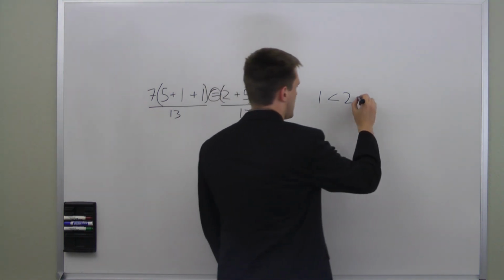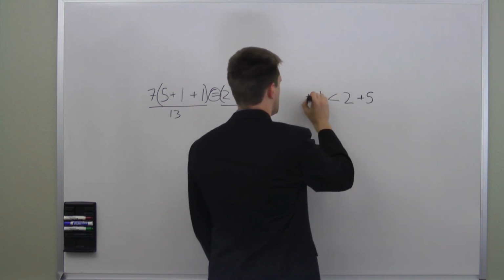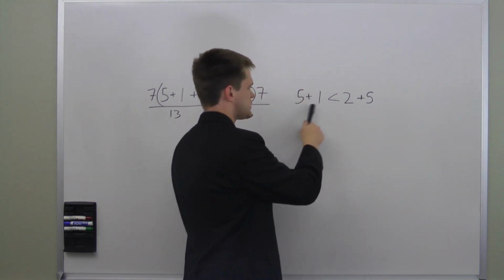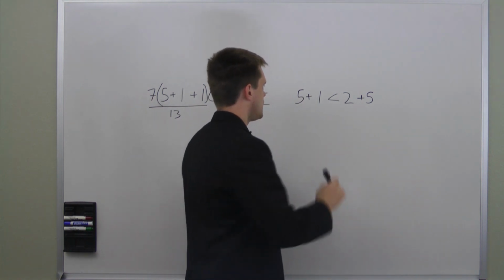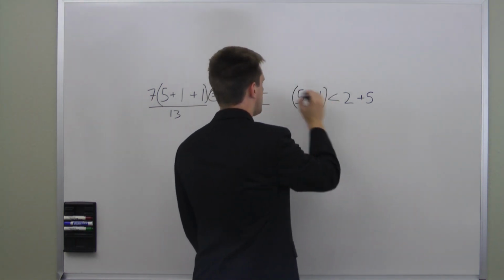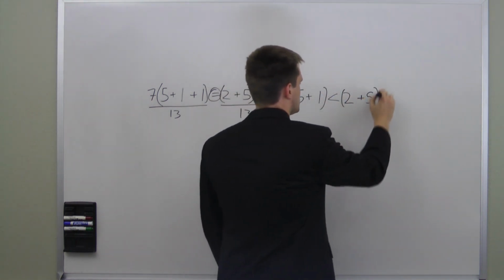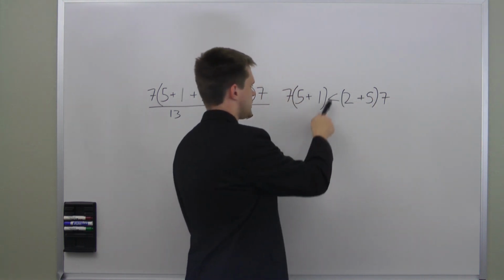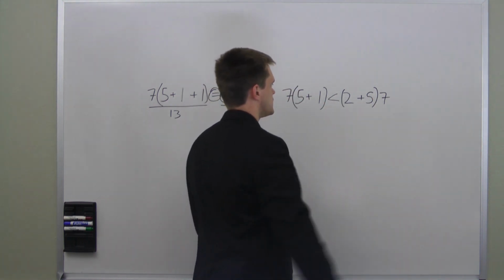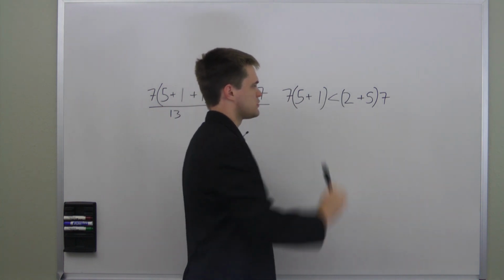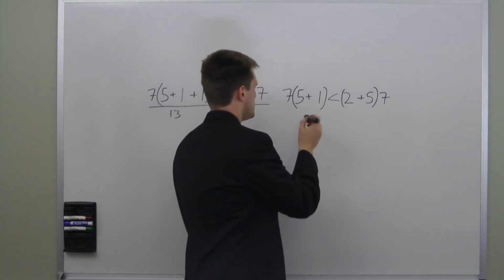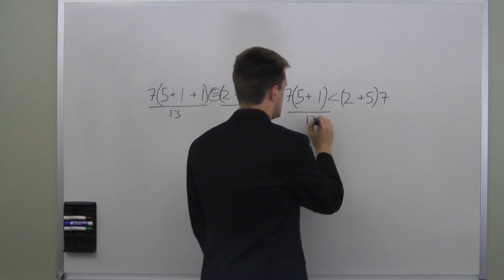So again, we can add 5 to both sides, and it's still true. 6 is still less than 7. We can multiply both sides by 7, and it's still true. This side is now 42, and this one is equal to 49, so it's still true. And we could divide it by 13, and it's still true.